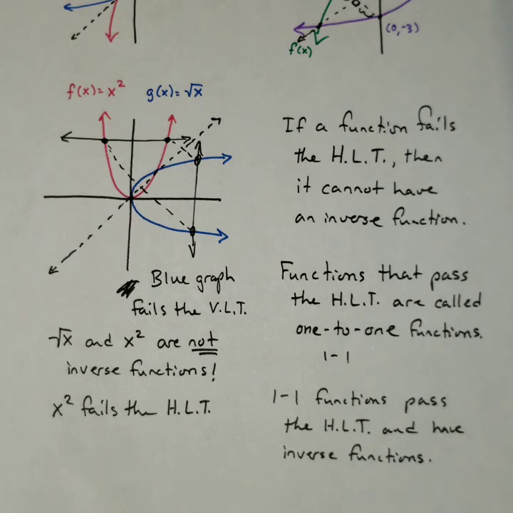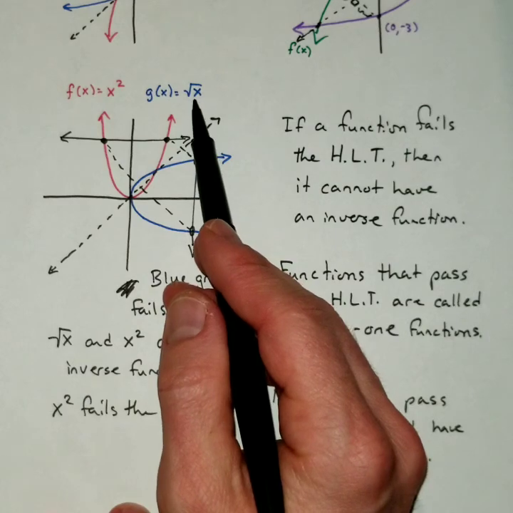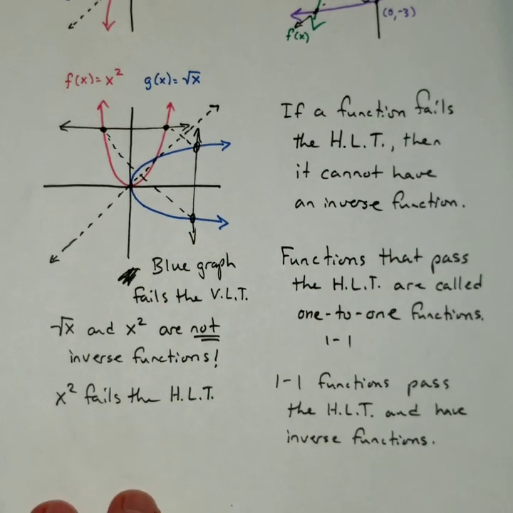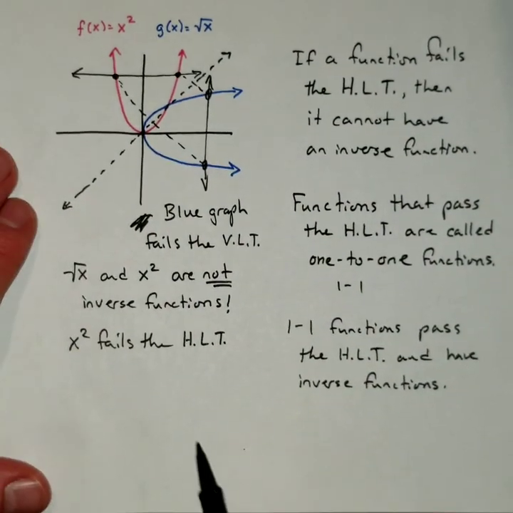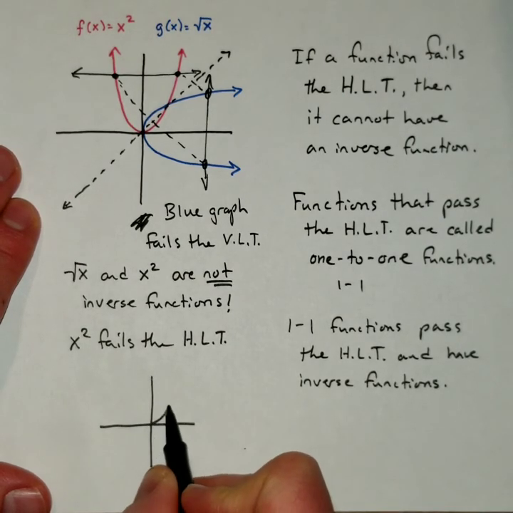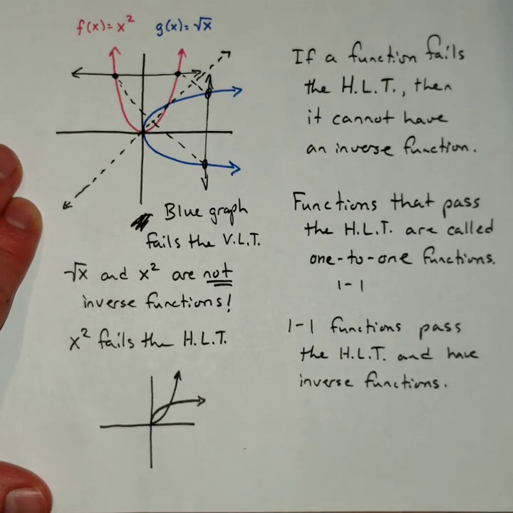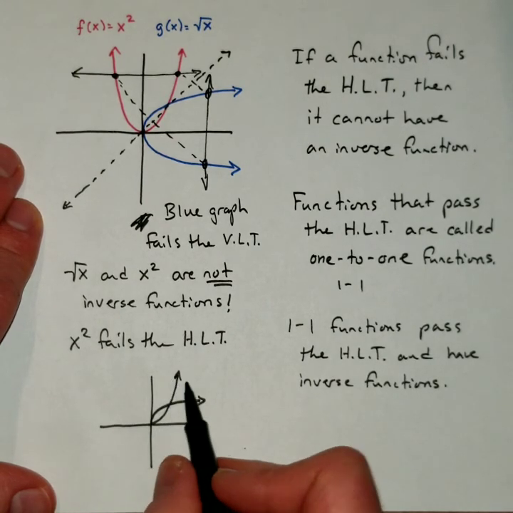The last thing then is that you can have an inverse related to the x squared and the square root. You just have to be careful how you define things so that the x squared and the square root are only inverses on a certain part of the domain.